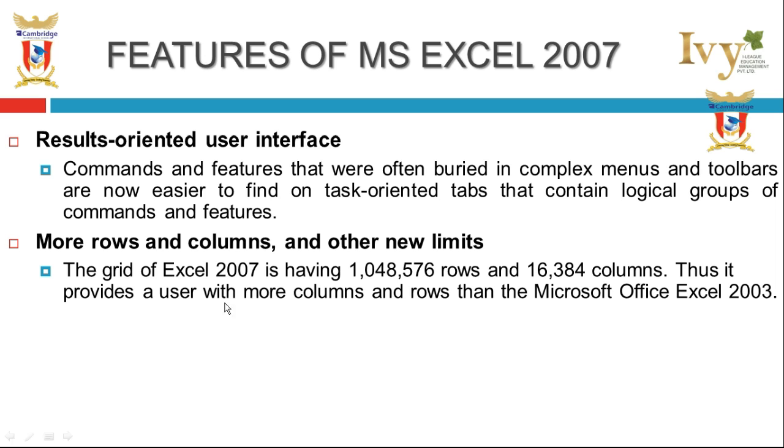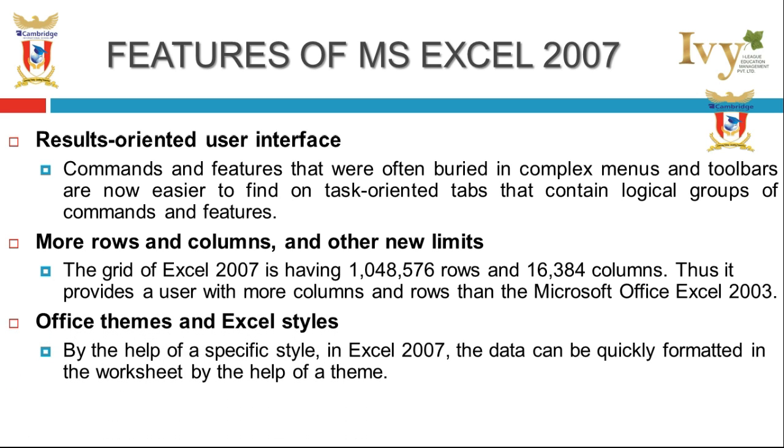Thus, it provides a user with more columns and rows than Microsoft Office 2013. That means if we compare Excel 2007 with the previous version, that was 2003, then we have a large number of rows and columns as compared to 2003.